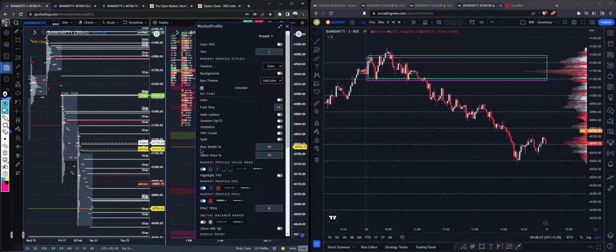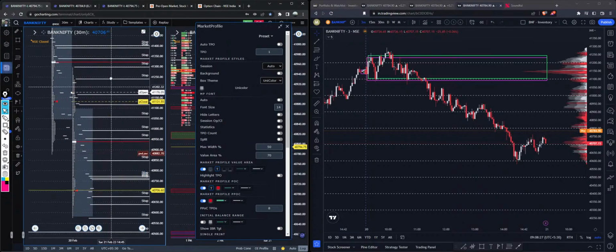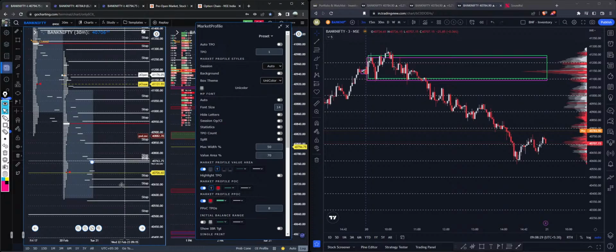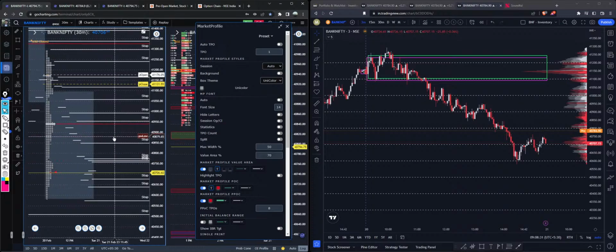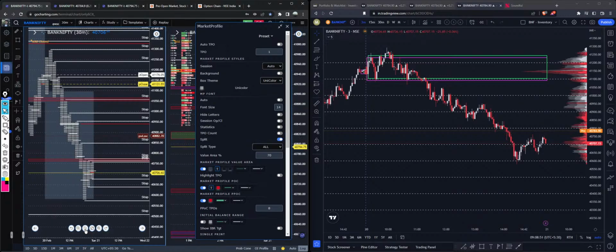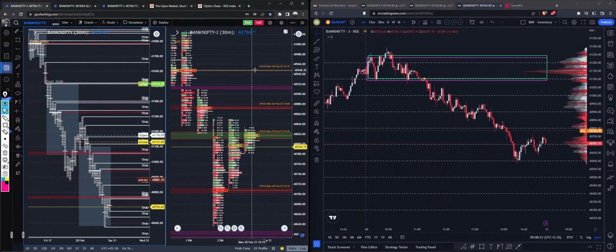Just looking at the single print. Okay, here is one single print and here is one single print. So this is one zone. I'm just marking where there is a single print zone, and that's where the buyers are trapped. I'll save it.